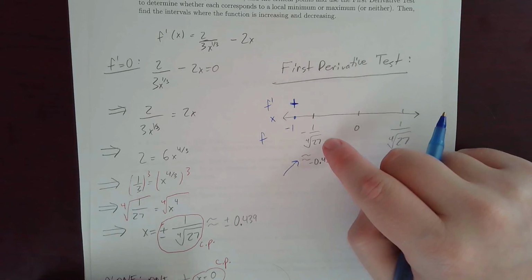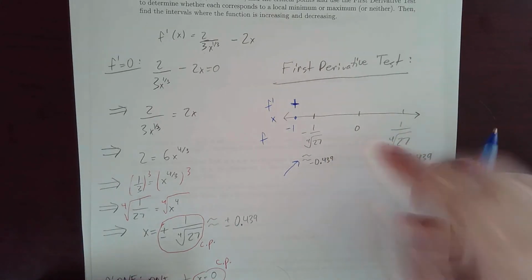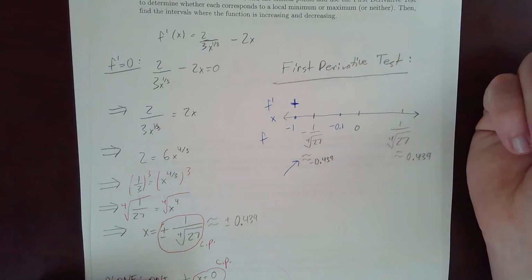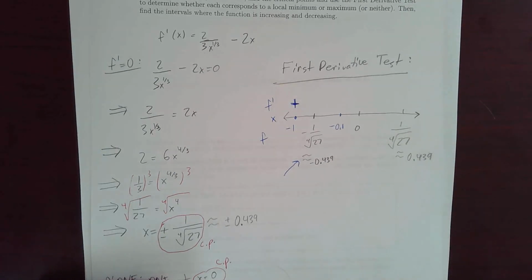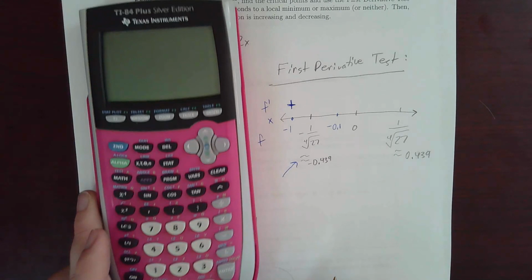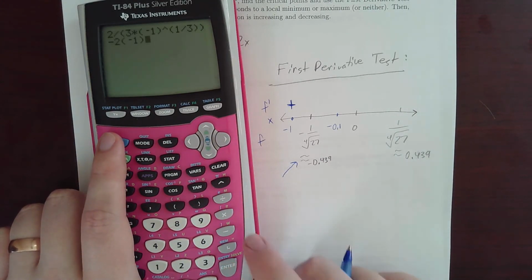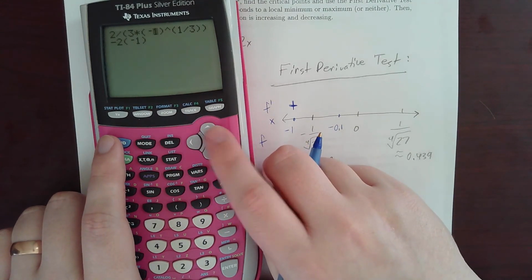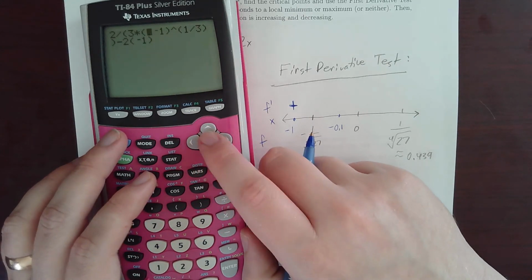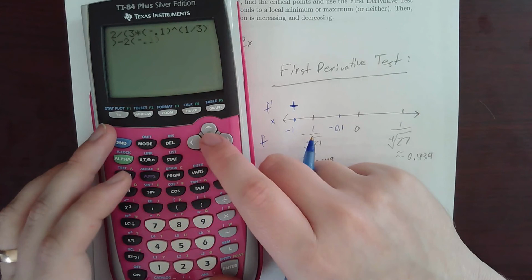Next, we want to pick something between -0.439 and 0. So what we might do is we might pick something like -0.1, because that'll be on this interval. So what we can do is we can go ahead and use the second entry function on our calculator until we get back what we had initially had, and then we can go ahead and make some insertions here and there in order to put in those decimals we need.